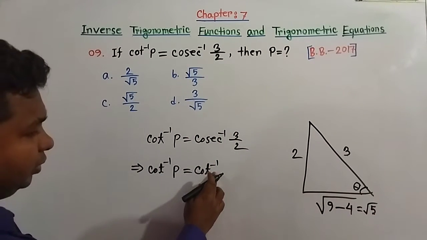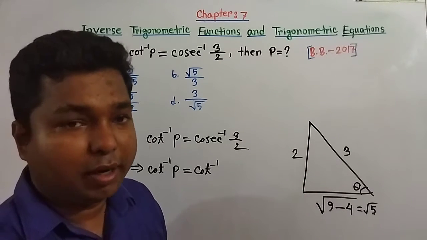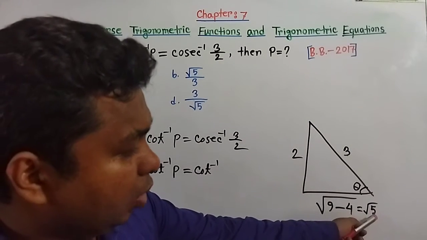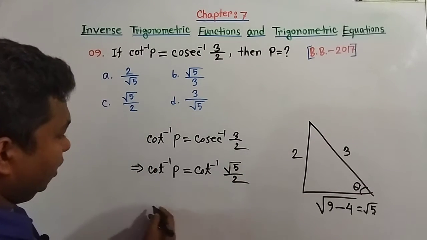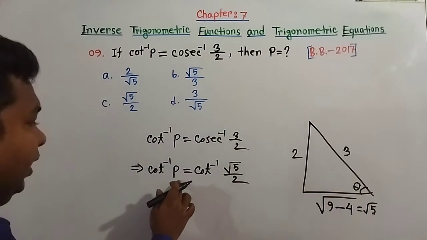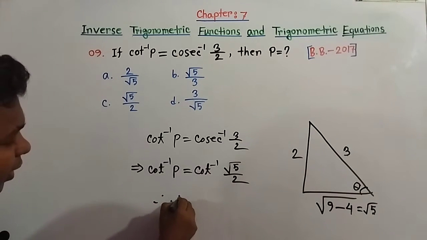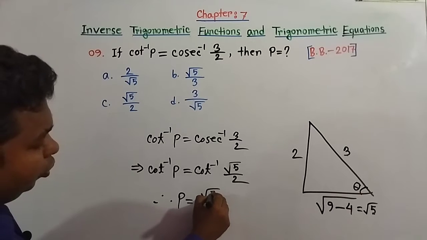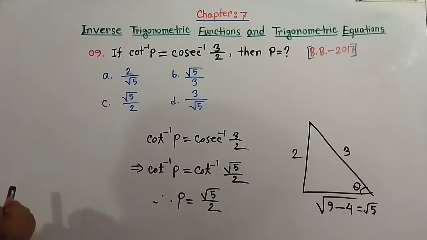Now cot inverse, we know cot theta equal to base by perpendicular, so cot inverse will be root 5 by 2. Then here cot inverse P equal to cot inverse root 5 by 2. Therefore we can write P equal to root 5 by 2. So our required answer is option C, that is square root 5 by 2.